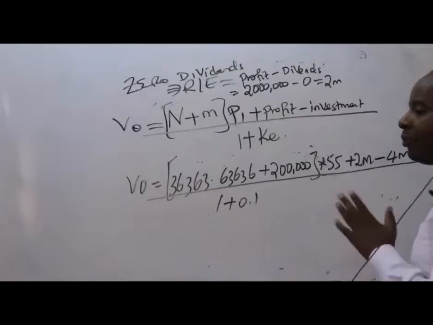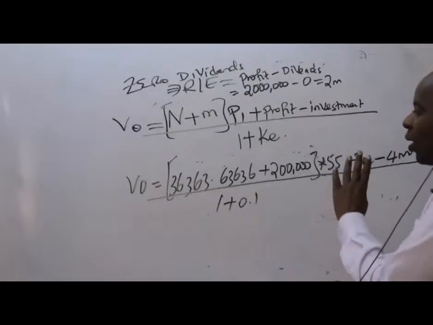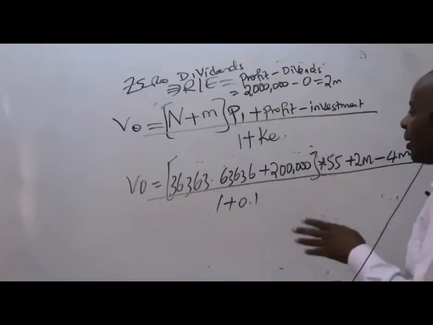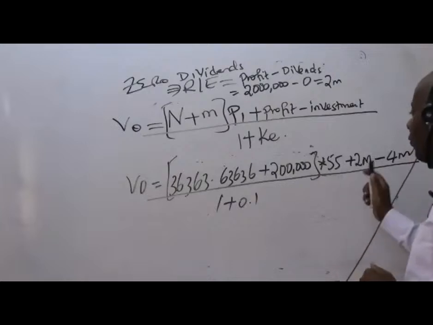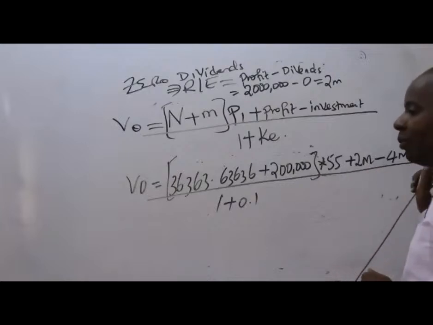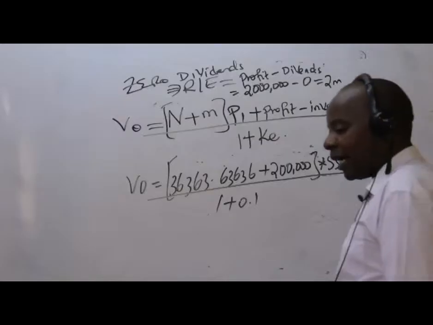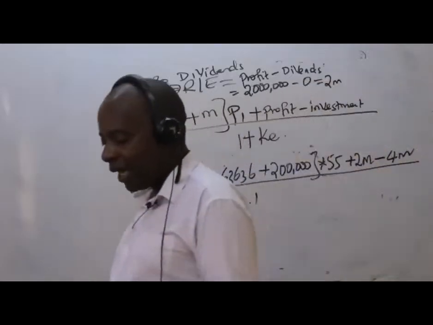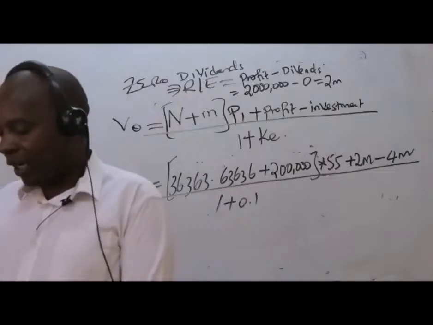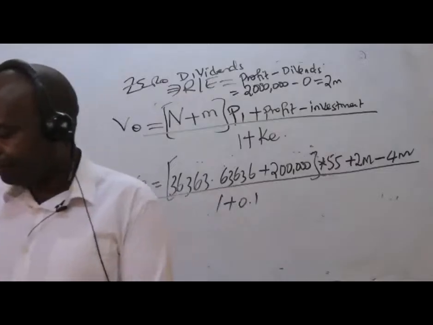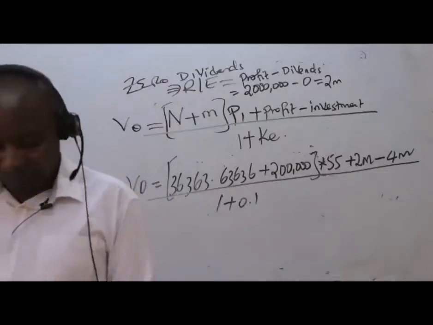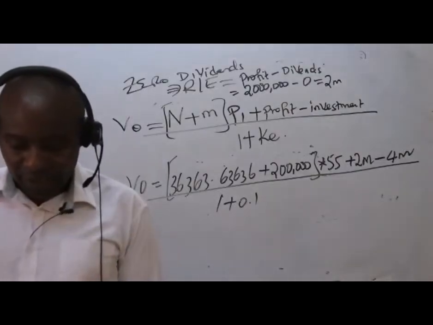So could you kindly move now slowly? Go up there and open brackets, times 55 plus 2 million minus 4 million, you say equals, and then you divide by 1.1, and then you advise us, what value are we getting?